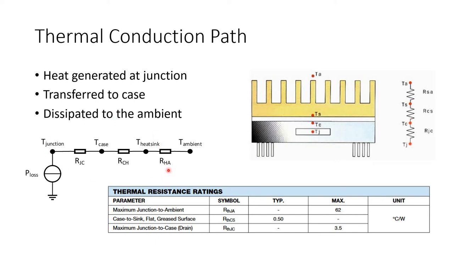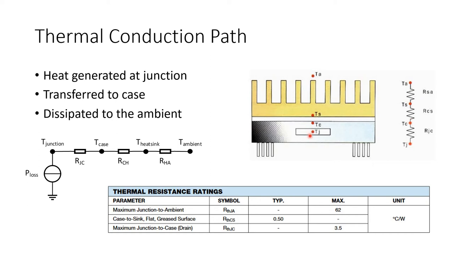Now this thermal model represents the physical model on the right hand side. This white box represents the junction of the MOSFET. Now this is the heat source where the heat is generated in our switching device. This black one is the case of the MOSFET. Now as I said, junction to case thermal resistance cannot be changed.